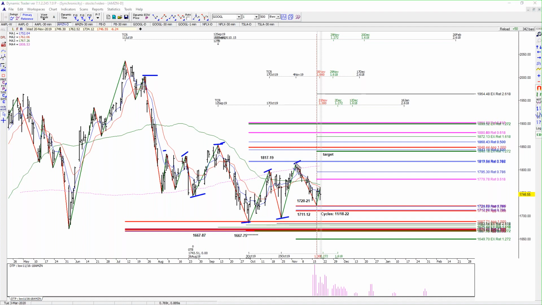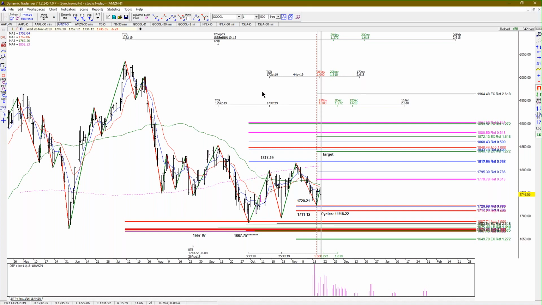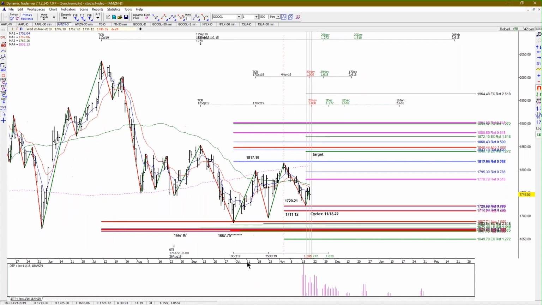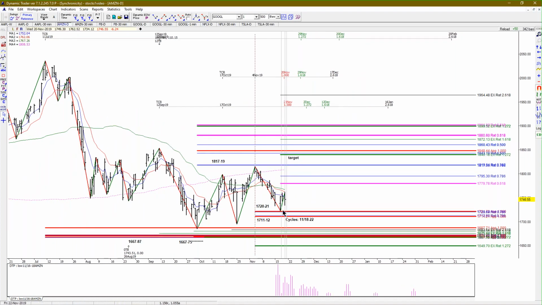What I did was project from this high, and this is how it looks. I have to put my marker on this high, and then I project down for the next possible low. So I take wherever we're at currently, right before this low was made, on the 18th.